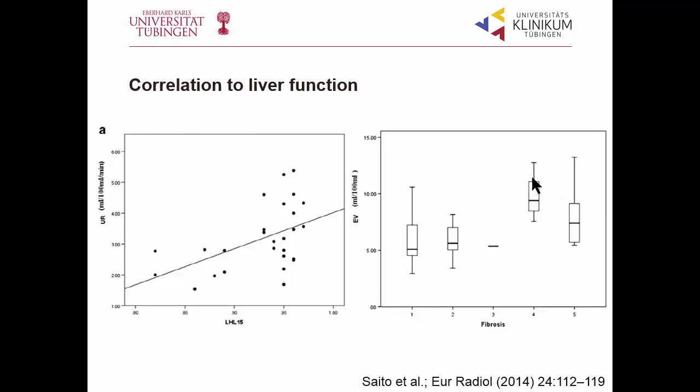We also see that there is a difference in the extracellular volume related to the grade of fibrosis. So we can non-invasively get information on the fibrosis degree of liver tissue.